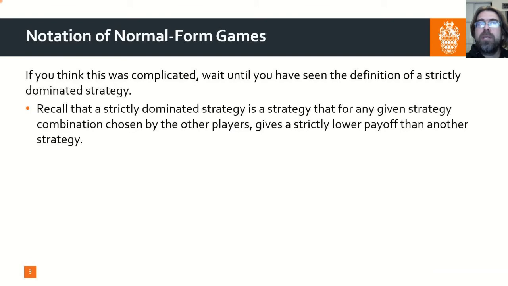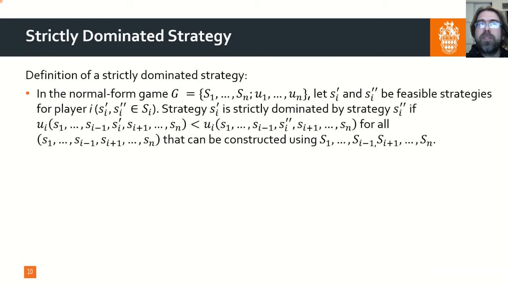Recall that a strictly dominated strategy is a strategy that for any given strategy combination chosen by the other players gives a strictly lower payoff than another strategy. So this here is the formal definition of a strictly dominated strategy. In the normal form game G equals strategy spaces of players 1 to n and payoff functions of players 1 to n, let Si prime and Si double prime be feasible strategies for player i.